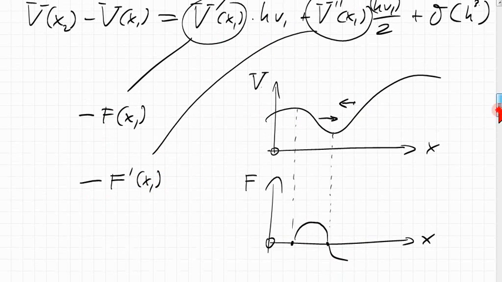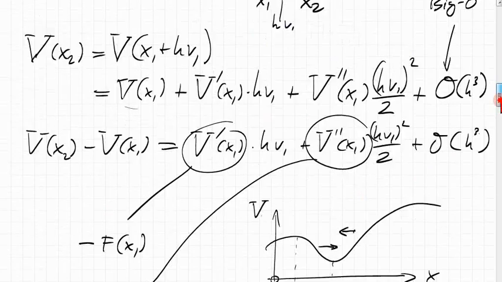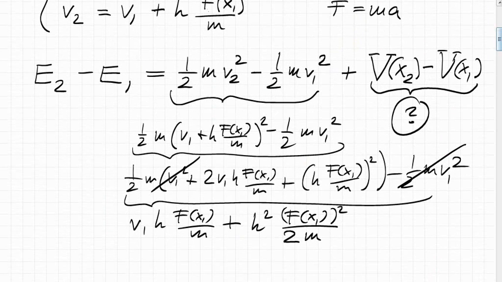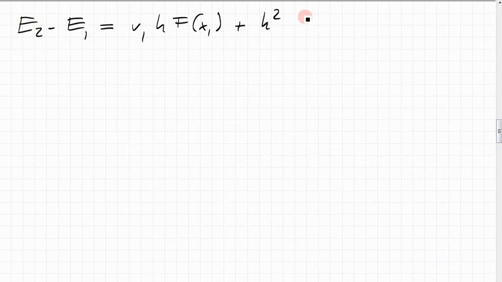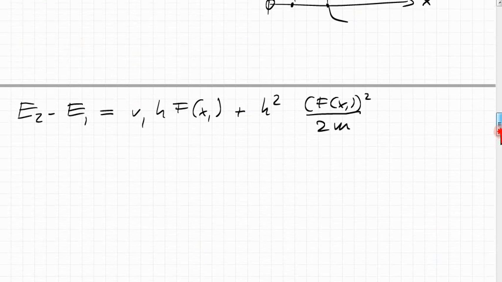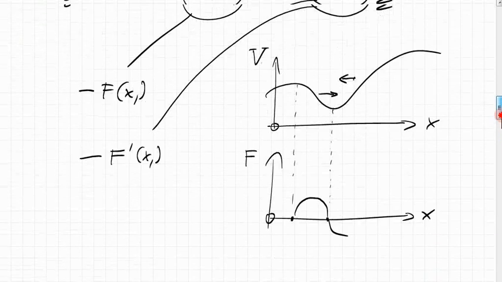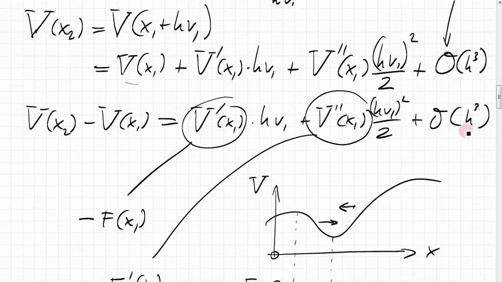Now let's collect what we have. So what was my original objective? I wanted to compute the gain in energy, or potentially also a loss in energy, E2 minus E1, the energy after the step minus the energy before the step. The first component is due to the change in kinetic energy. These were the two terms that we computed. And now we have to include the change in potential energy as well, which is this.